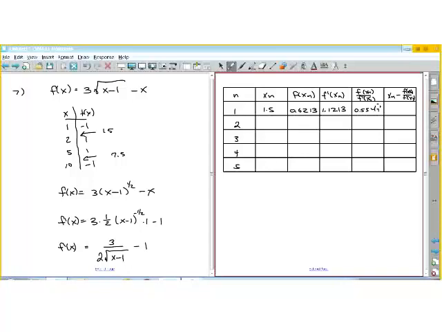Okay, f prime, so the derivative is 3 divided by 2 divided by the square root of 1.5 minus 1, minus 1.12132. Take the ratio of those two, and you get that, and then you subtract it.